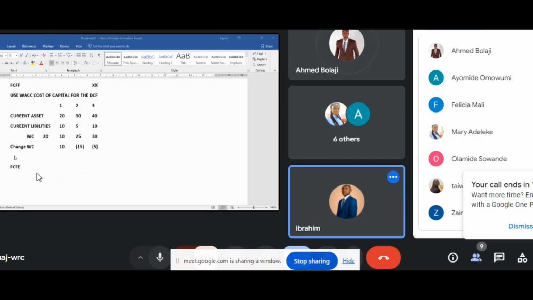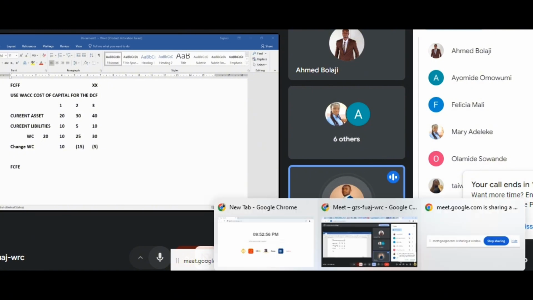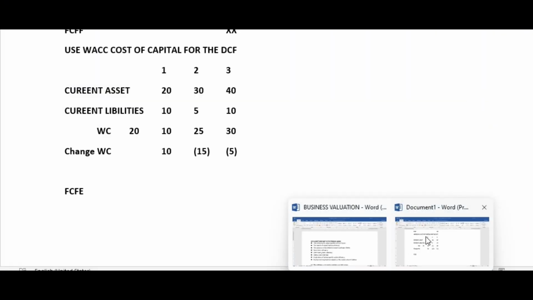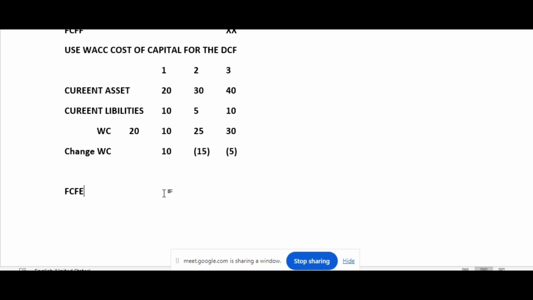Okay, sir. Now, the free cash flow to equity is the cash flow available to who? To the equity holder after deduction of operational expenses, including tax, investment in working capital, and investment in non-current assets.